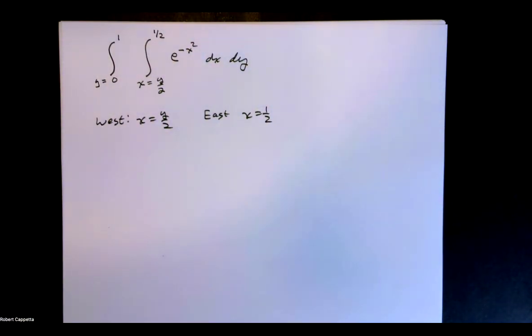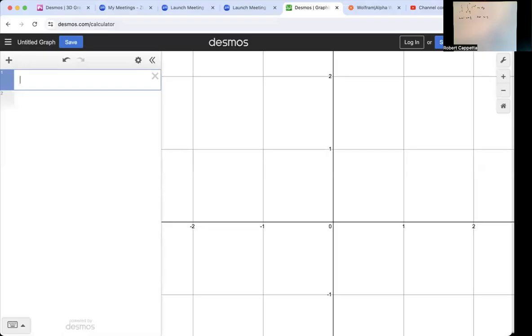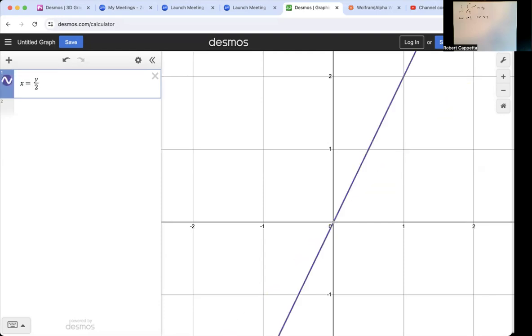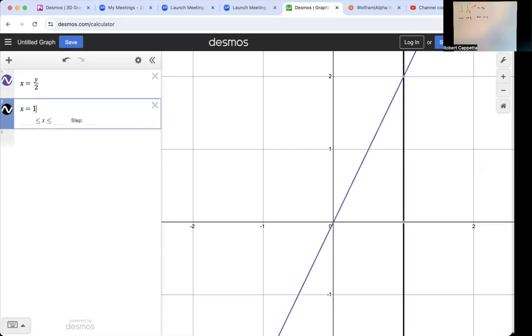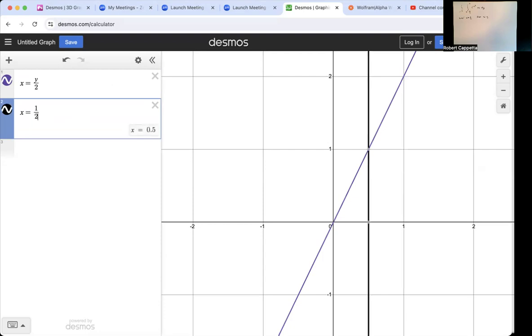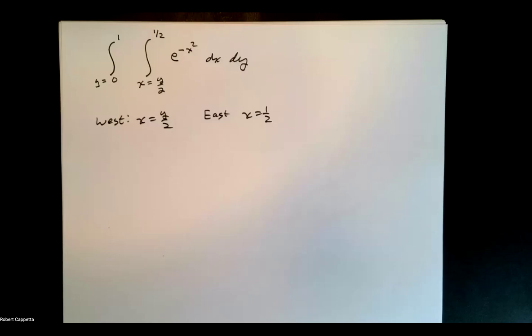So let's take a look at that to see what's going to happen as we try to switch these. So again, my west boundary is x equals y over 2. And my east boundary is x equals 1/2. Now, what did y range from? What did we have?